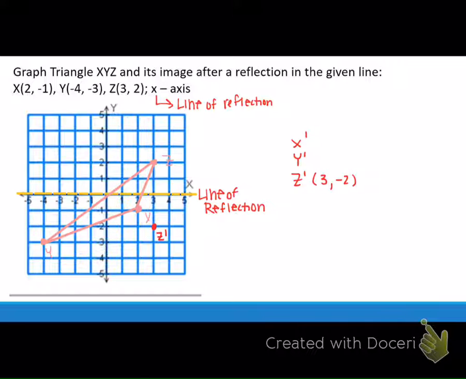Where would x go? Dylan, where would x go? It would be -2. So it's going to be right here? It's reflecting over this, so you're folding it on that. If you folded this piece of paper right here, it'd be 2 comma 1.